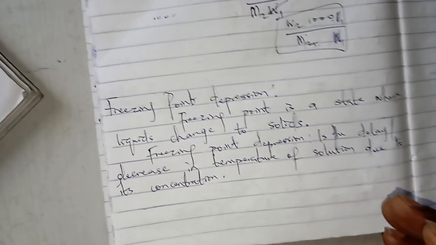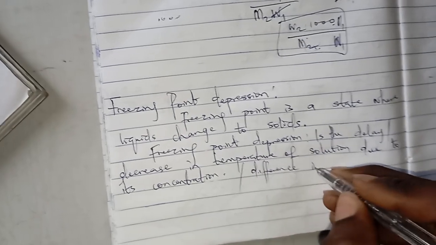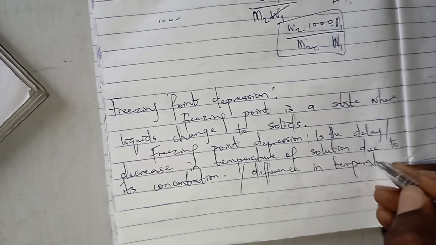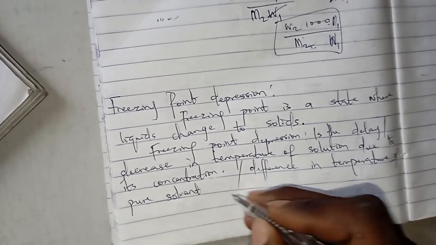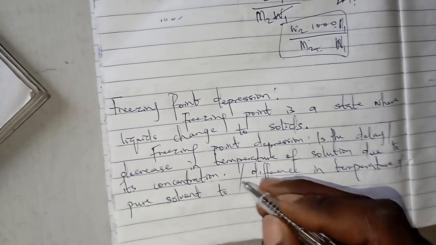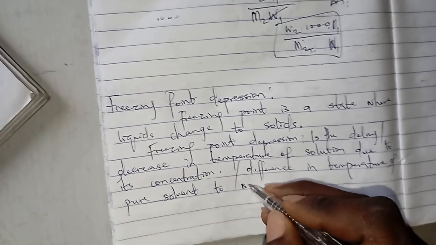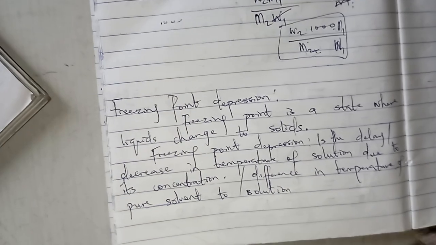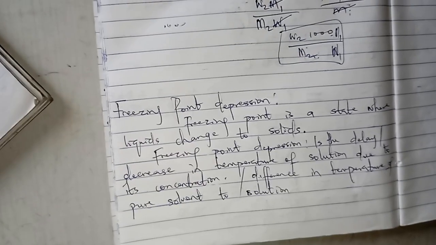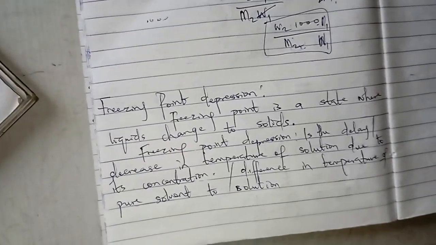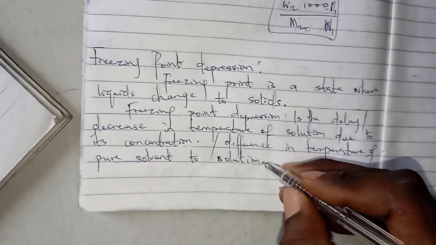Another way to define this is simply the difference in temperature of pure solvents to solution, or the difference in temperature of pure solvents when a solute is added to it. I think this is the best way: the difference in temperature of pure solvents to solution, full stop.